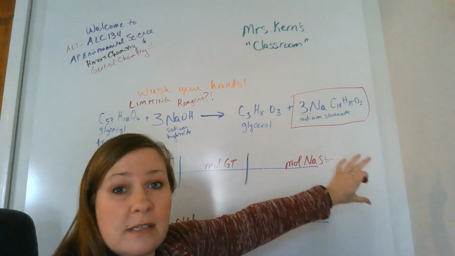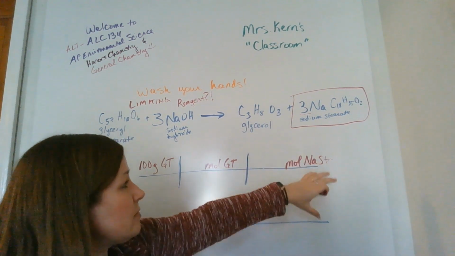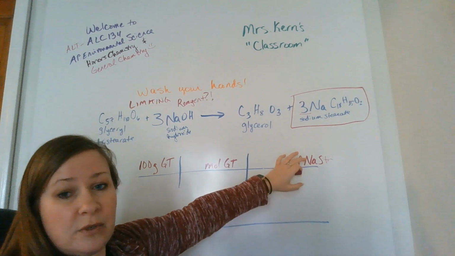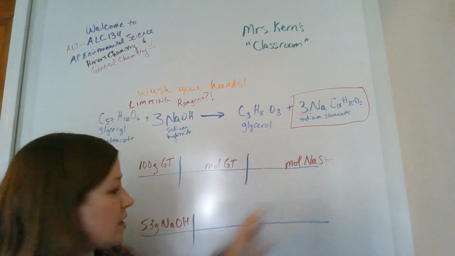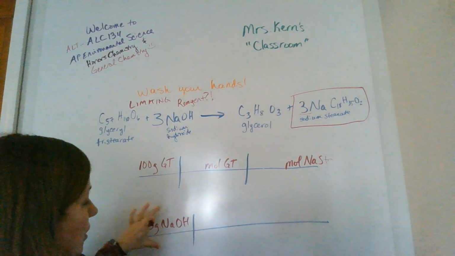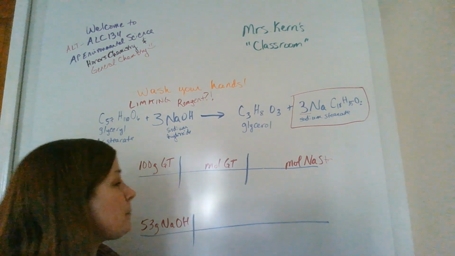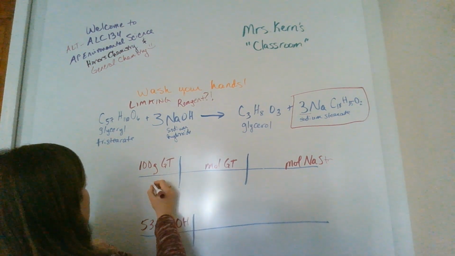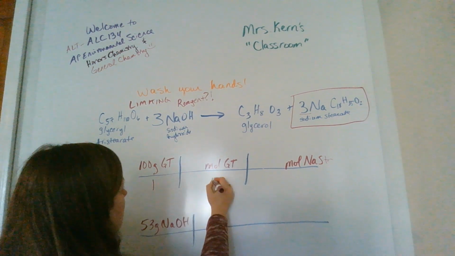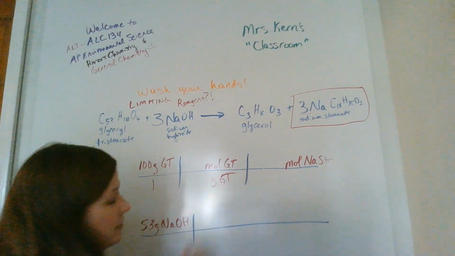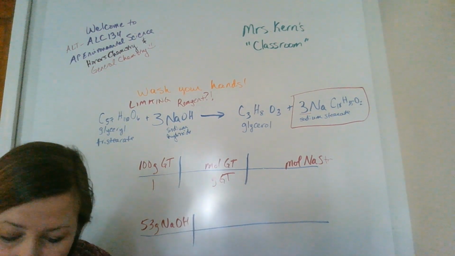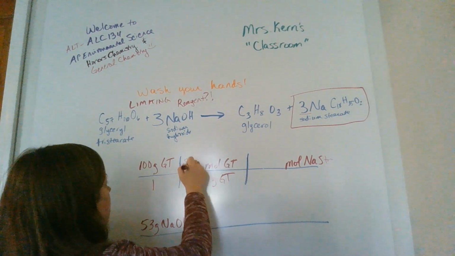We could go the next step and go to grams of sodium stearate if we wanted to. Either way, as long as we're consistent with our other reactant, we could find the right answer. So, got a 1 here. I already looked up the molar mass of glyceryl tristearate. It is 891.45.